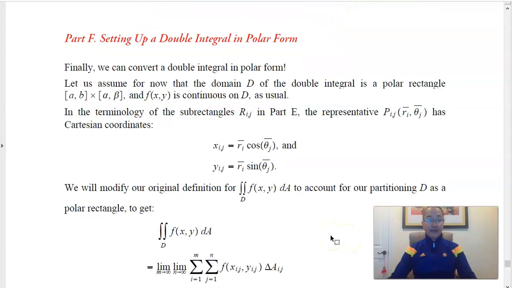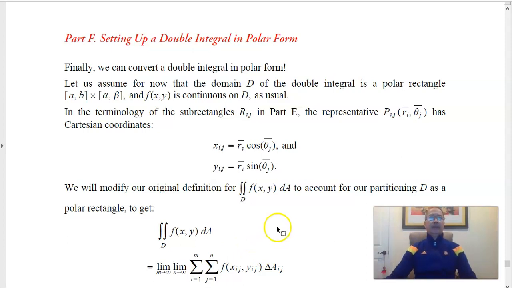All right, so finally, after 16 minutes, we are now able to set up a double integral in polar form. This might look familiar because that's exactly the same formula that we had for a regular double integral.